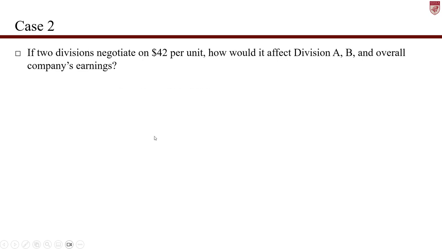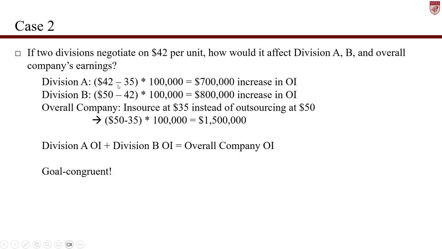Now there's another hybrid pricing question. If the two divisions negotiate on $42 per unit, which seems to be within the range, how would it affect Division A, B, and overall company's earnings, right? So now let us look at Division A and Division B's change in operating income.